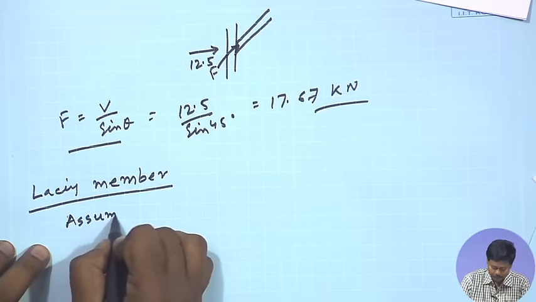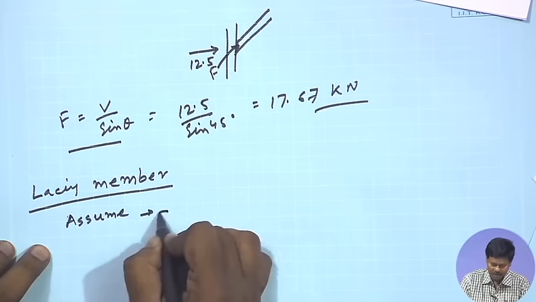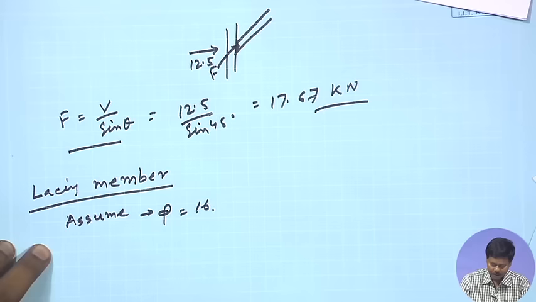So to find out the thickness of the lacing member, we have to find out the length, and to find out the width of the lacing member, we know that it should be dependent on the diameter of bolt. So, we can assume some diameter of bolt, say diameter of bolt as 16 mm.